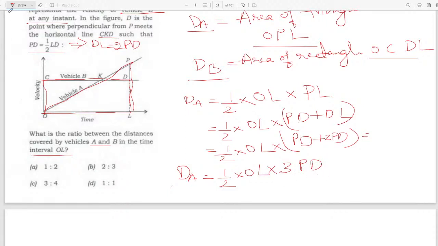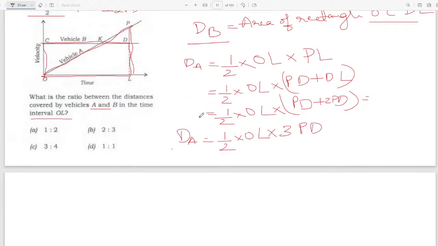Now what is the distance traveled by vehicle B? That is DB, equal to the area of the rectangle OCDL. Length into breadth: the length is OL, the breadth is DL.